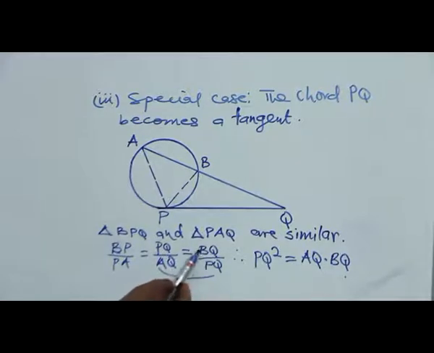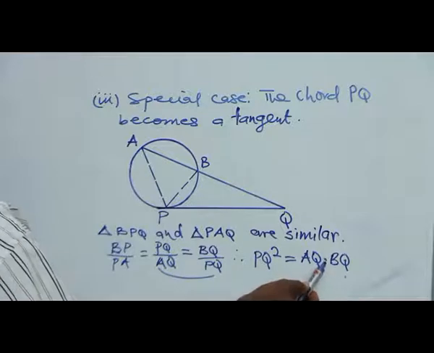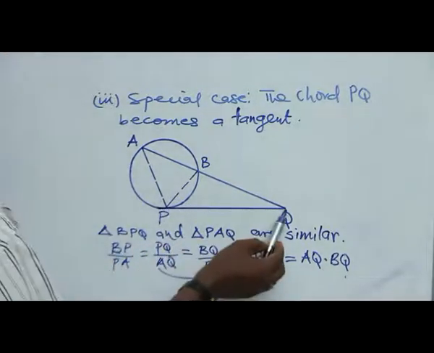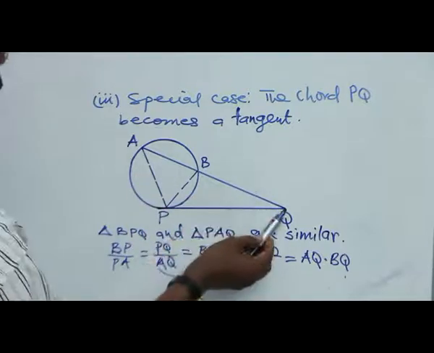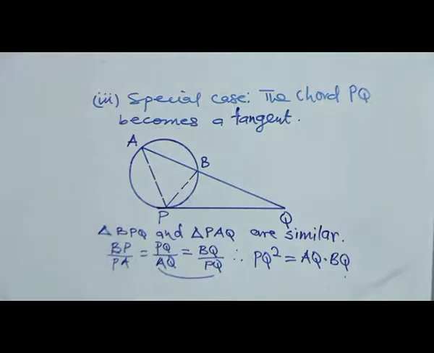And it's also equal to BQ all over PQ. If we take these two, for example, you have that PQ times PQ, when you cross multiply, PQ squared is equal to AQ times BQ. So take note, PQ squared is equal to AQ times BQ. It's always a common question in our examinations.